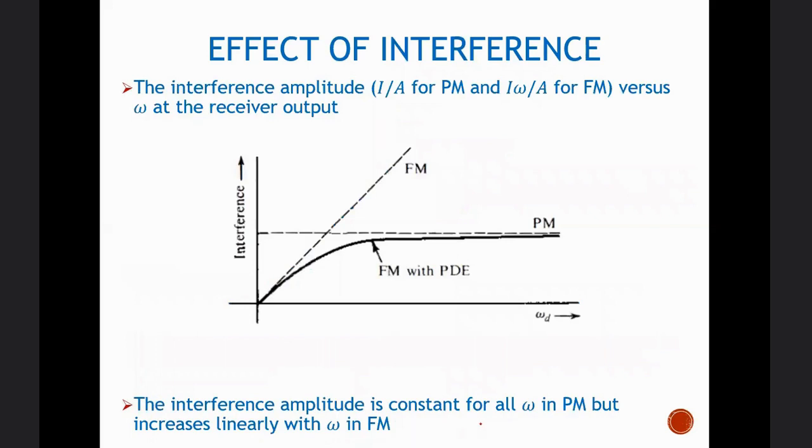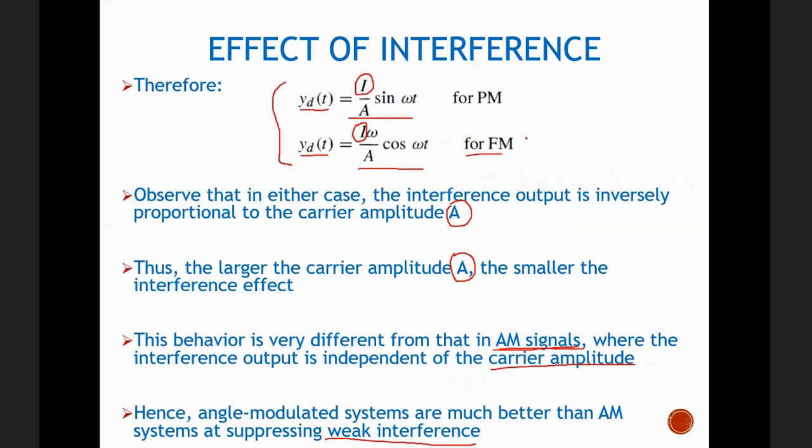So if we plot the interference on the y-axis against the radian frequency ω, we get a plot like this. For FM, the interference increases as we increase ω. It increases linearly. This can be seen from this expression, where we see there is an ω in the amplitude.